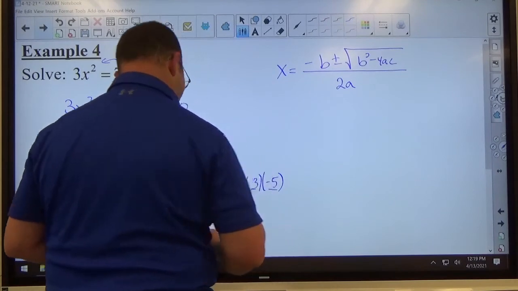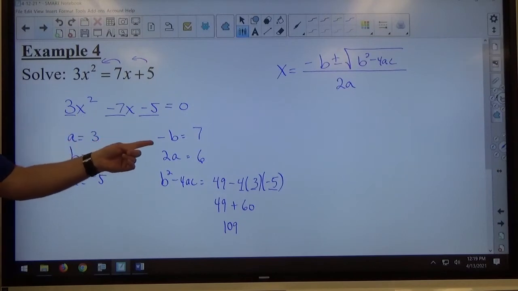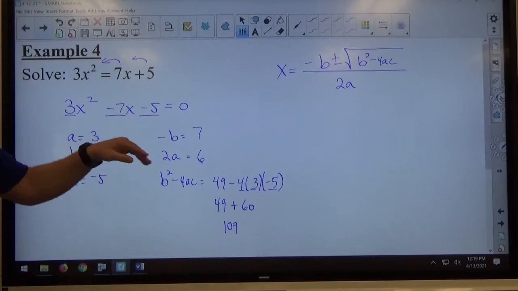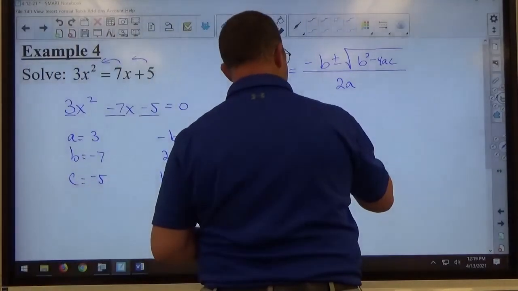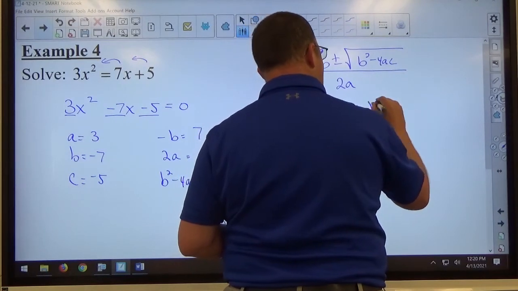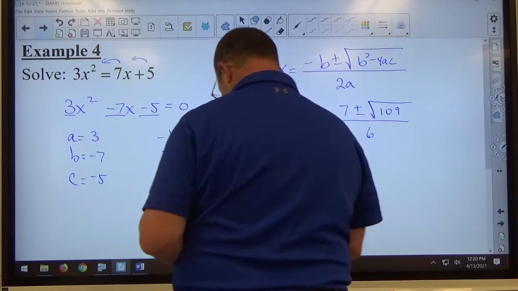It helps to add correctly. My bad. So 109. So negative b, 2a, and b squared minus 4ac. We get our three values out of that, so x equals 7 plus or minus the square root of 109 over 6.